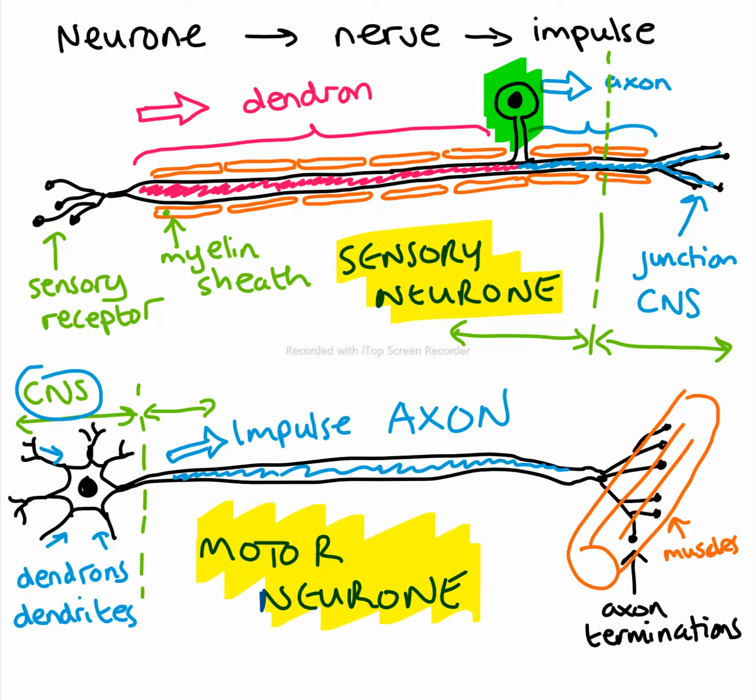Right, there's one more thing we need to do, which is how the impulse is transferred between the neurons. So let's quickly do it. That's your sensory neuron.